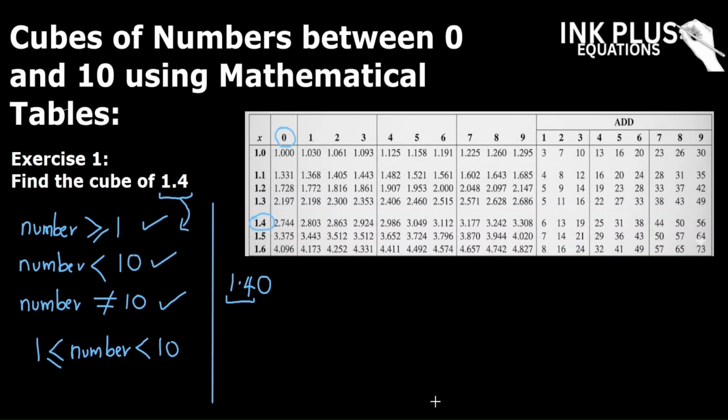So we're going to draw 2 lines from those 2 numbers. We have a horizontal line here, and then we're going to draw a vertical line here. So the answer is going to be the intersection between these 2 numbers. So 1.4 cubed is going to be equal to 2.744.